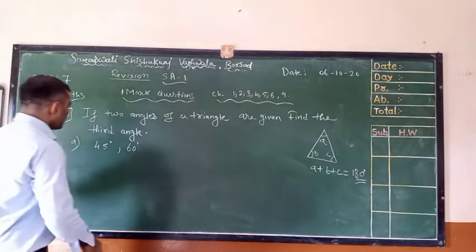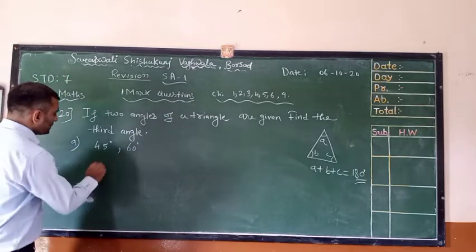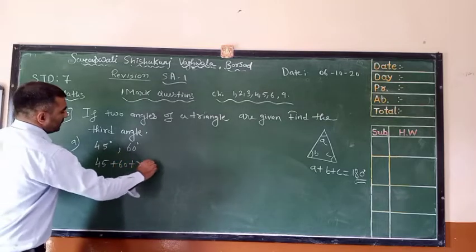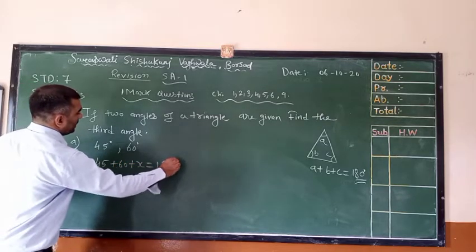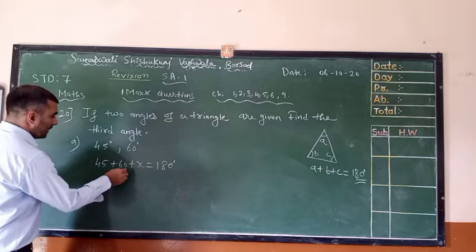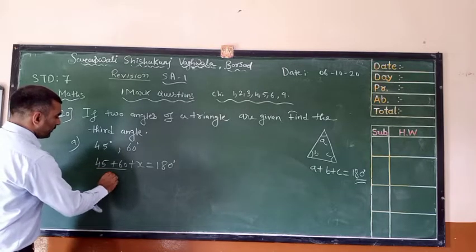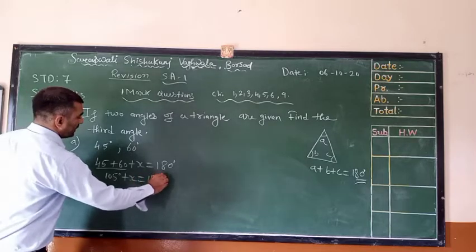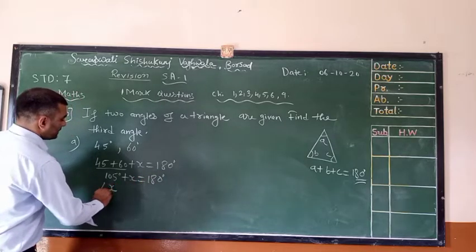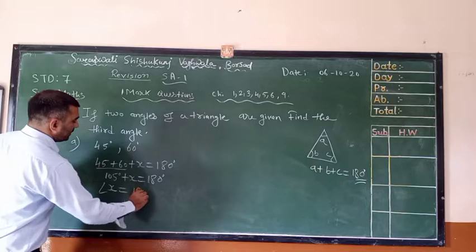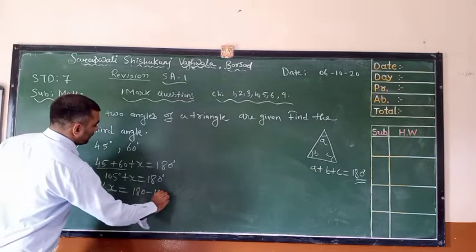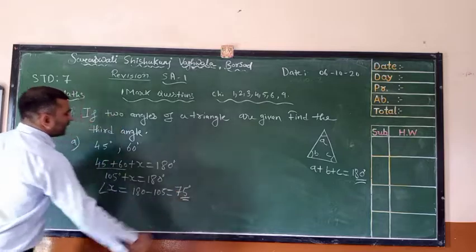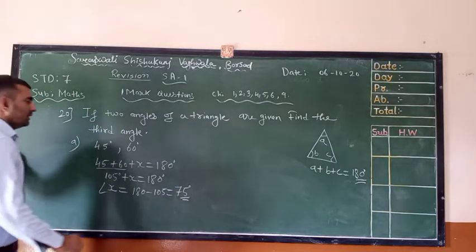Over here two angles are given, so we can take the third angle as x: 45 plus 60 degrees plus x is equal to 180 degrees. Adding these, we get 105 degrees plus x is equal to 180 degrees. Now angle x is equal to 180 minus 105, and that is equal to 75 degrees. So the third angle is 75 degrees.